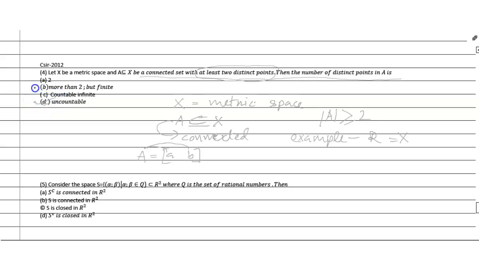Equal to 2 is not possible, because a singleton set is the only connected finite set, but here two points exist. Connected means you cannot get any disjoint sets.